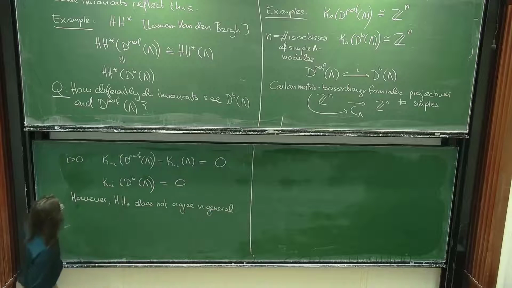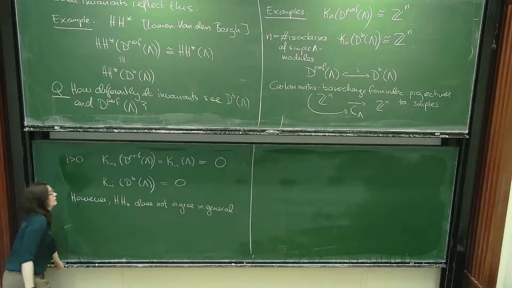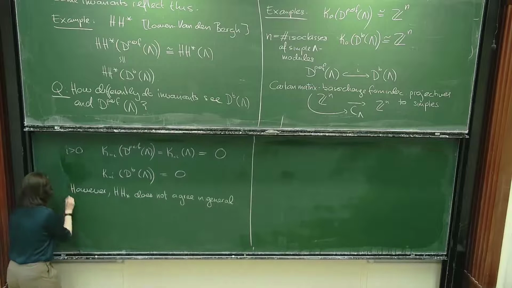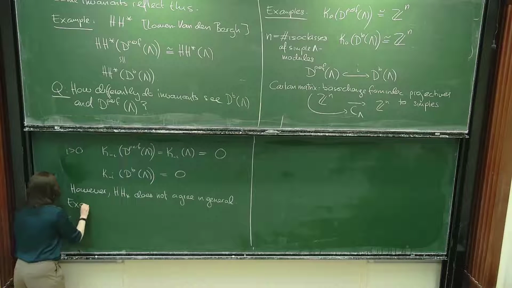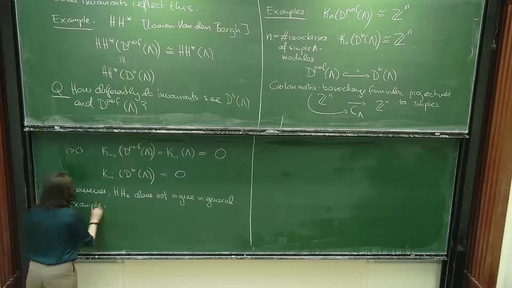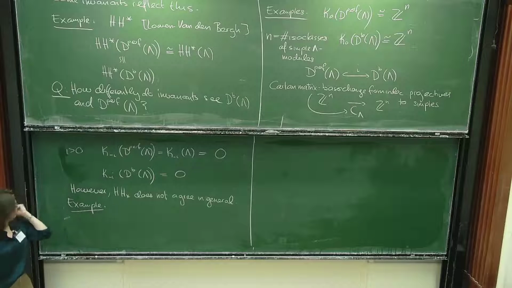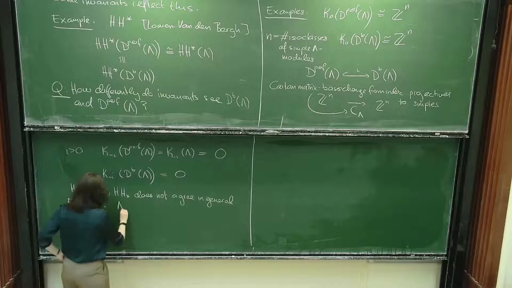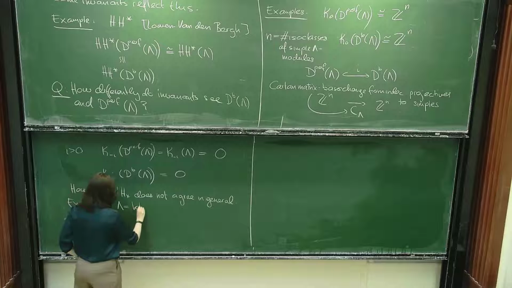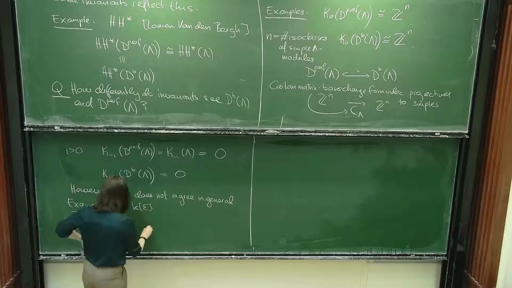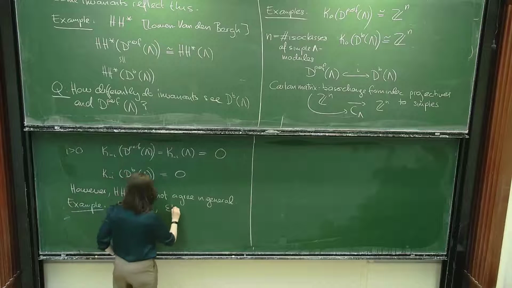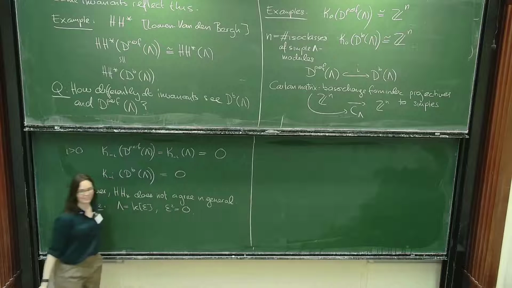So, for example, look at the dual numbers, k[epsilon], where epsilon squares to 0.